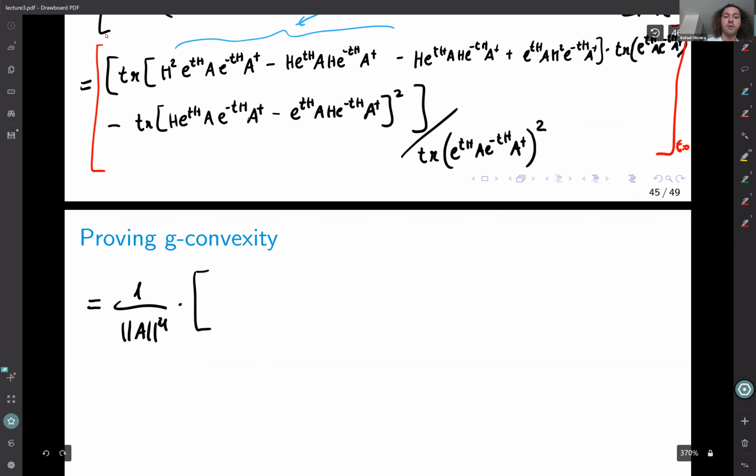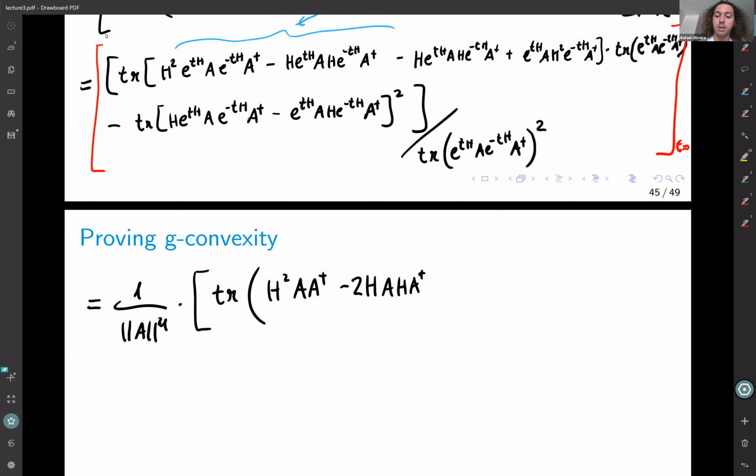So what is the numerator? The first term in blue becomes a giant trace, and the trace will be of H squared a a dagger, because all the e^{tH} become identities. Then we have minus H a a dagger, and again minus H a a dagger, so we have minus 2 here.